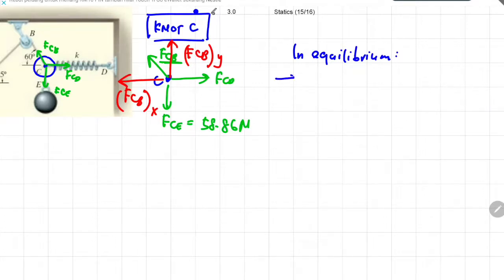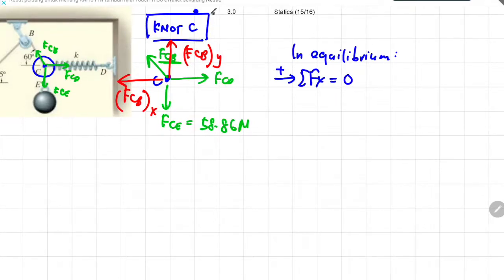Assuming the movement to the right to be positive, the summation of forces in the x direction should be equivalent to 0. So what are the forces that exist in the x-axis? The first one is FCD. Its arrow is towards the right, so the value is positive.